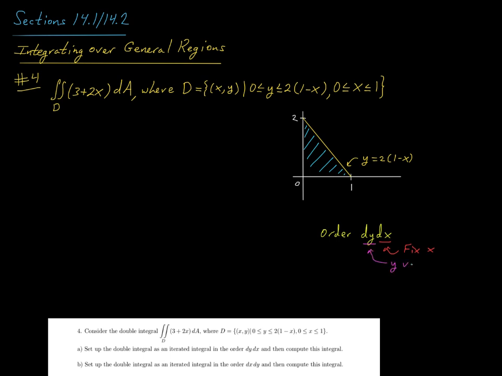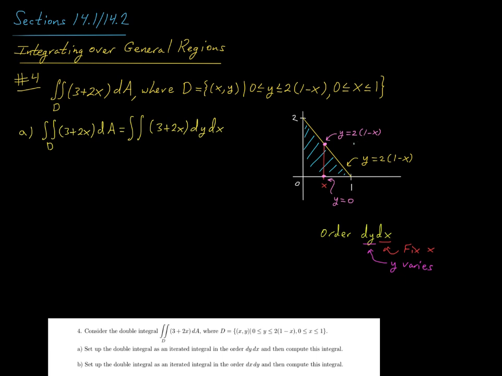So in our diagram, I'm going to fix an x, choose an x between 0 and 1, and let y vary between its low bound of 0 and its high bound of 2 times the quantity 1 minus x.